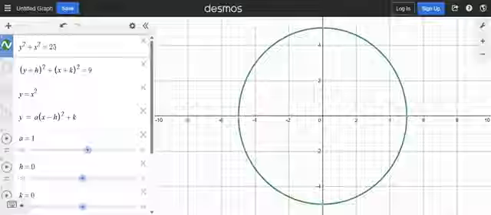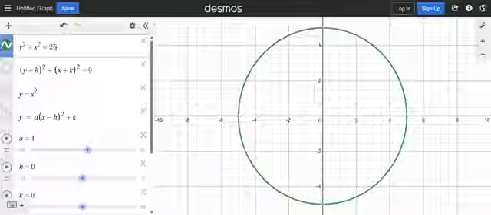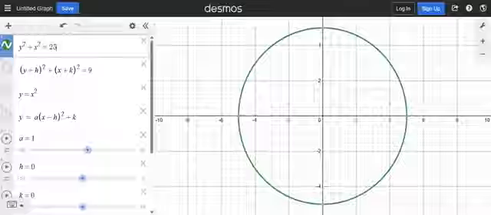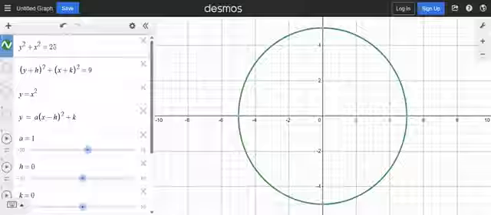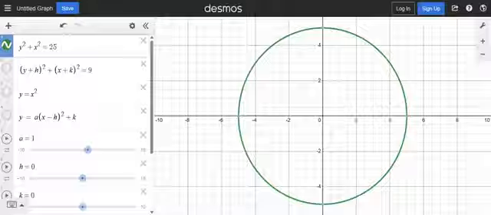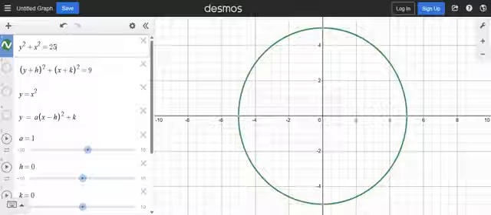Okay. Does it pass the vertical line test? Meaning it's not a function. Right? So if I draw a line straight down and I touch, and then I touch again, not a function. Yes, a relation, not a function.